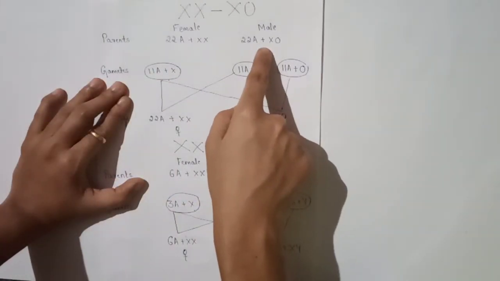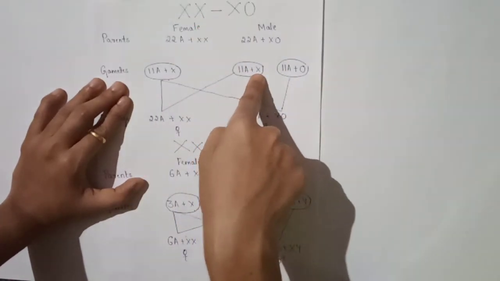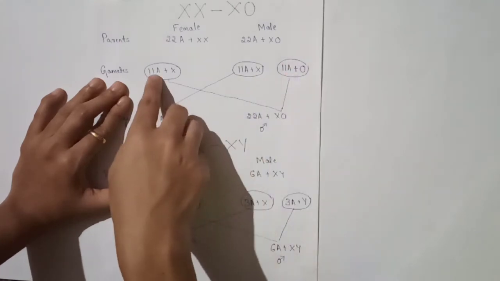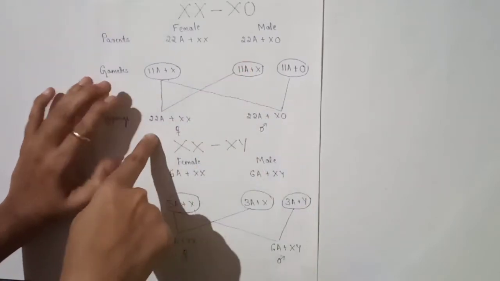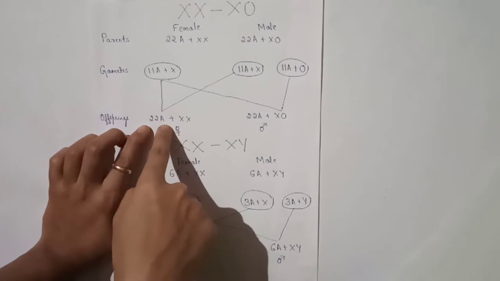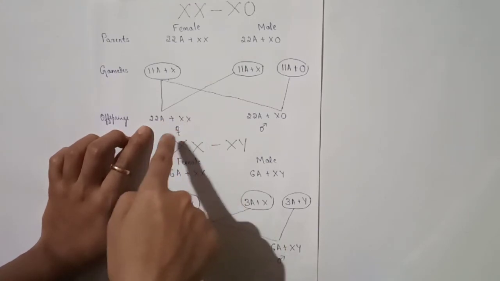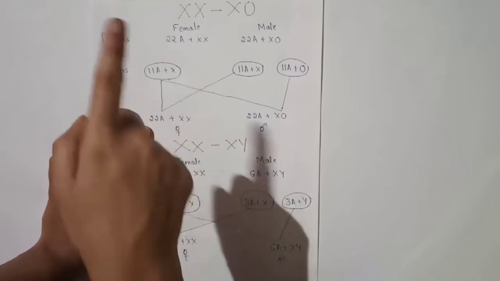Whereas male produces two types of sperm, 50% of sperm with X chromosome and the remaining 50% without X chromosome. Clear? Suppose this egg cell is fertilized with this sperm. Then the offspring consists of 22 autosomes plus XX chromosomes. That means the offspring becomes female.